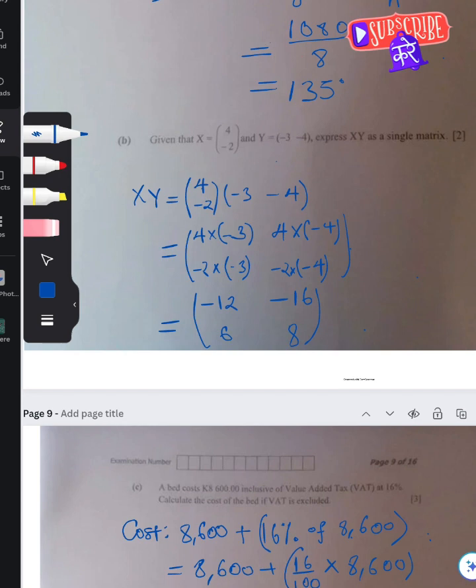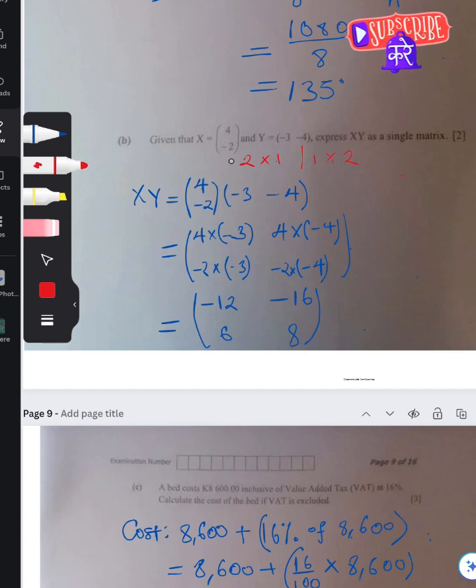Now, how do you know that you can find the product of matrices? First, we write the order of each matrix: the first is a 2 by 1, and the other one is a 1 by 2.